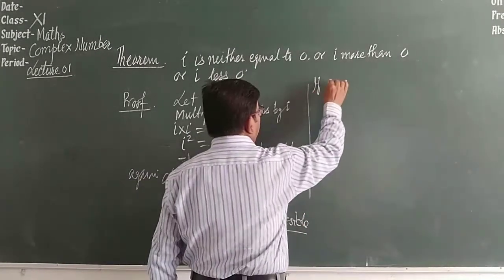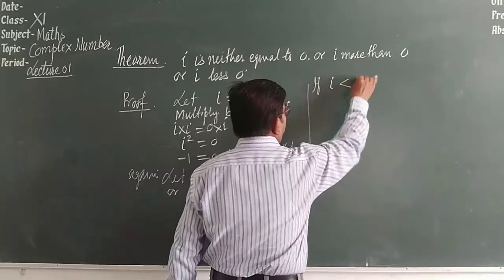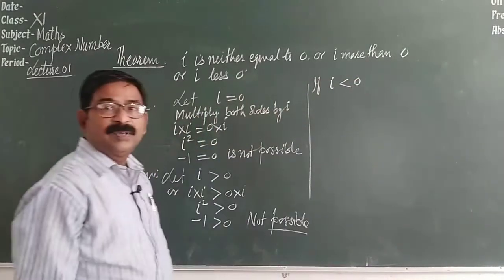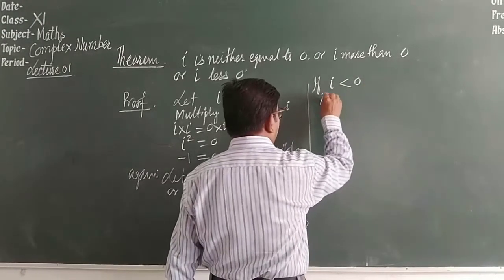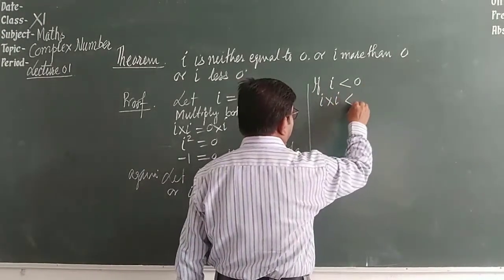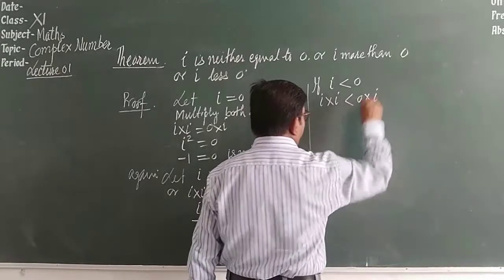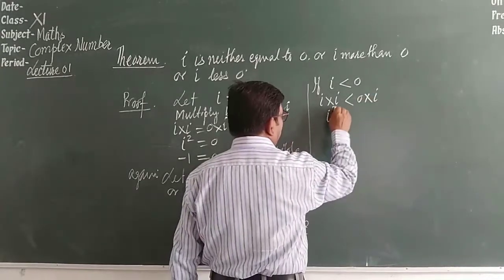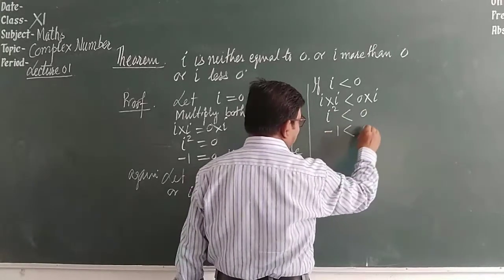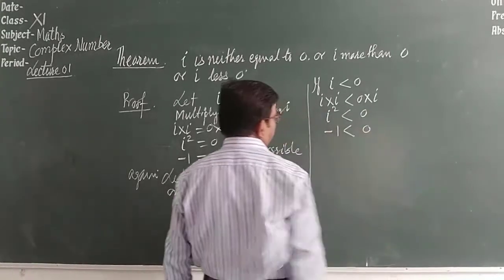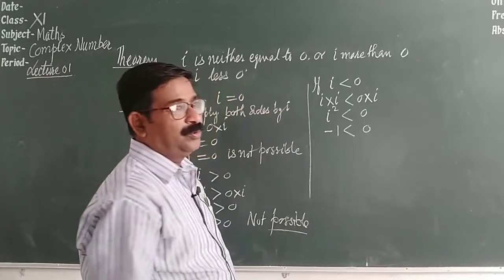Now let's see. If i is less than 0, multiply both sides by i: i into i is less than 0 into i. Now this is i square is less than 0, minus 1 is less than 0.